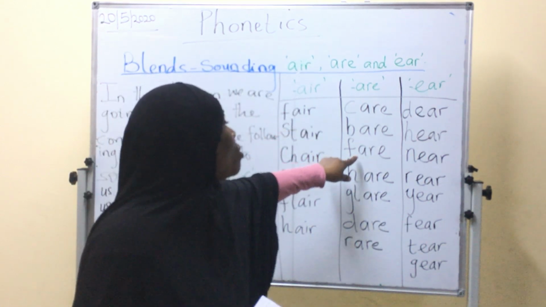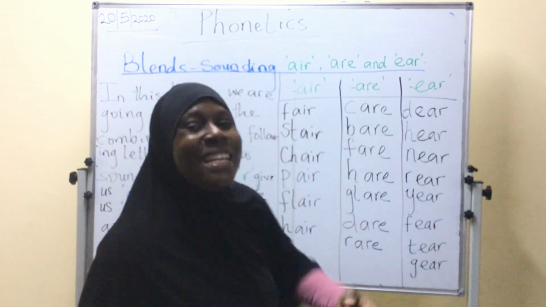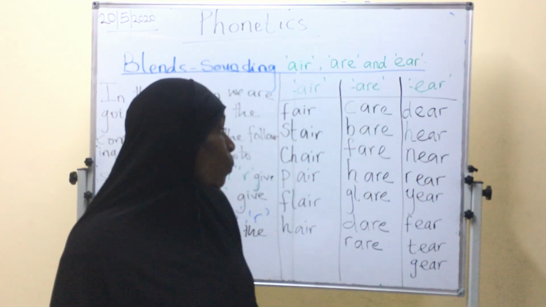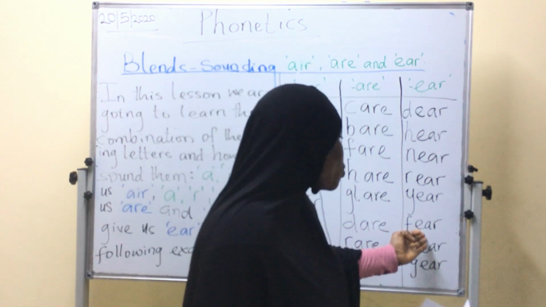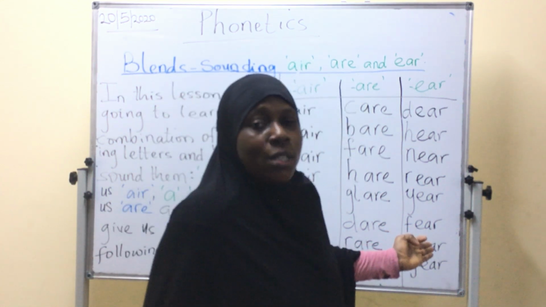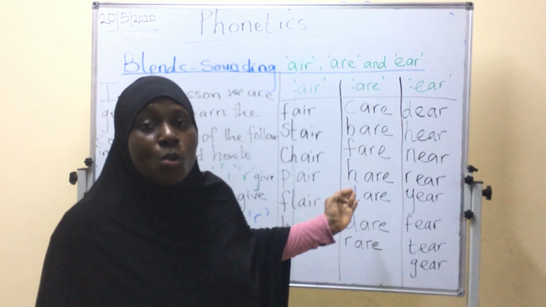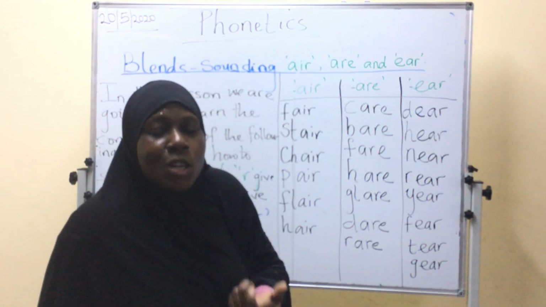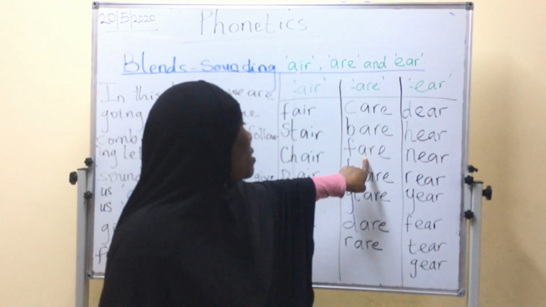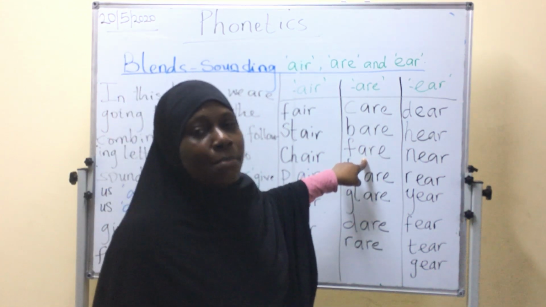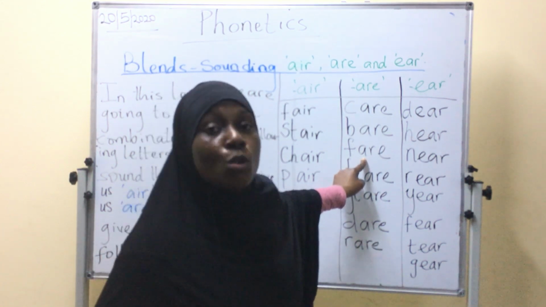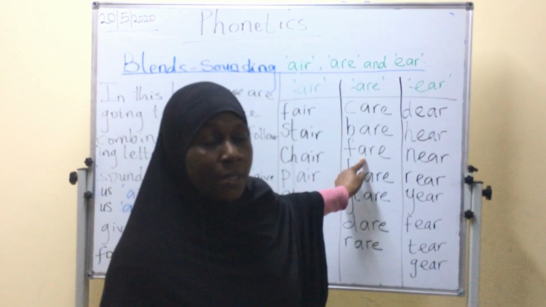Like I told you, you're going to see the difference between this and this in the usage in a sentence. And this one, the sound is not the same with the other two. So if you sound it well, but some, out of not knowing how to sound it, they use this as fear. You hear them say, I've not paid my fear for the bus. It's wrong. You're going to say fare for the bus.